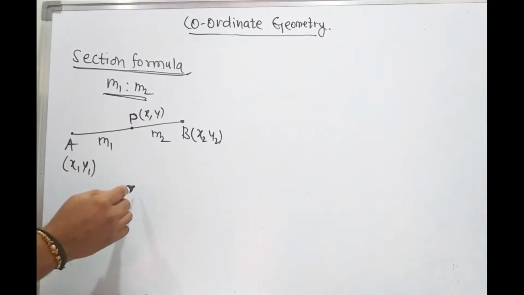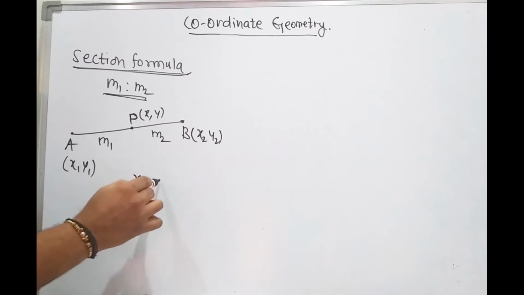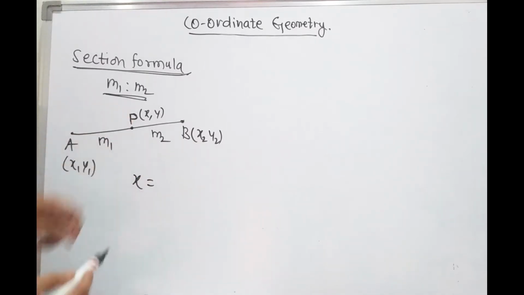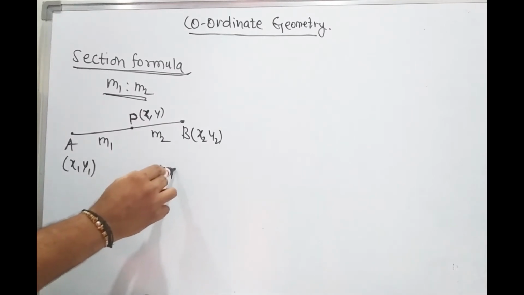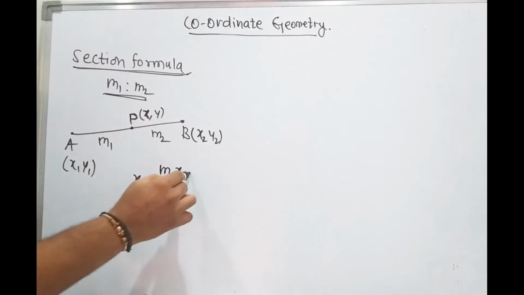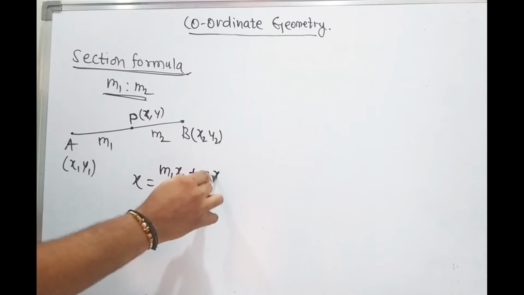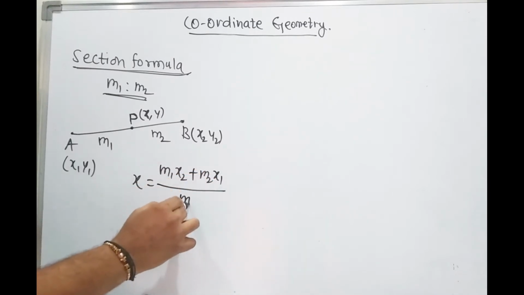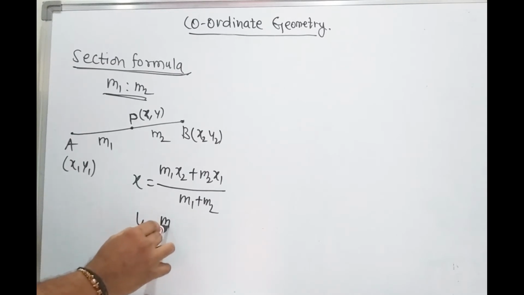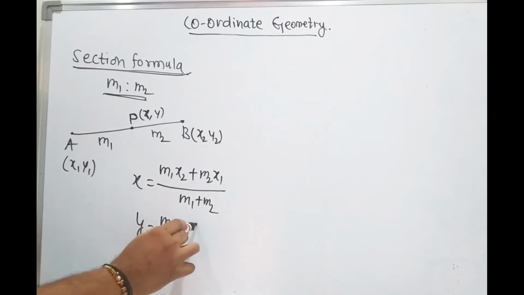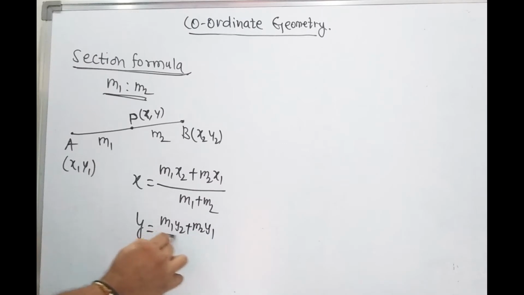Then according to section formula, x is equal to, means x coordinate of point P is equal to m1 x2 plus m2 x1 upon m1 plus m2, and y is equal to m1 y2 plus m2 y1 upon m1 plus m2.